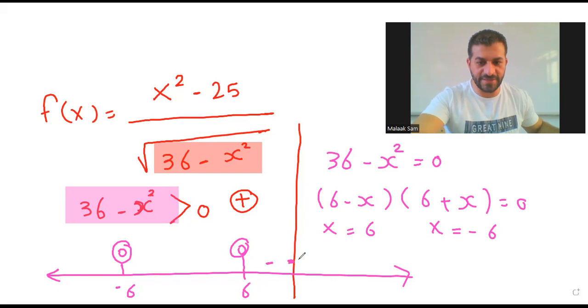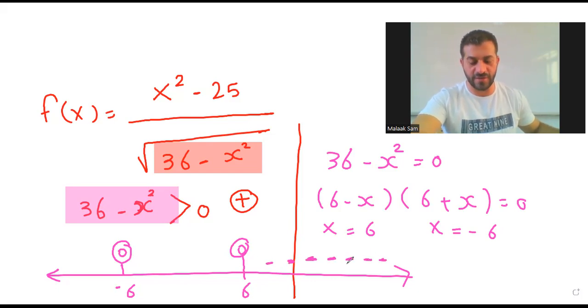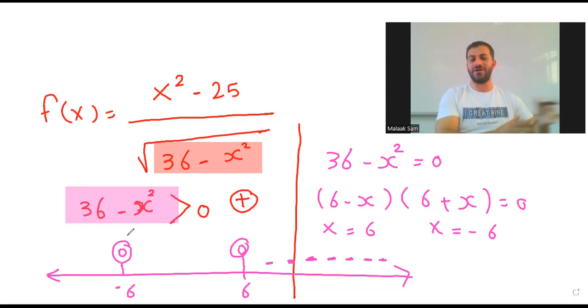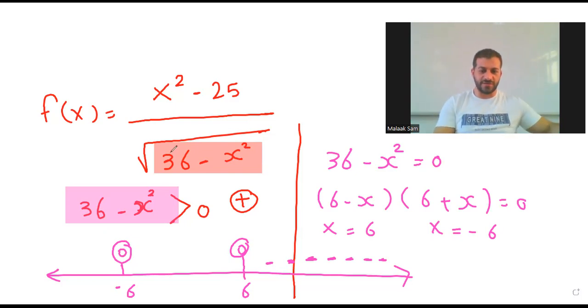So it will be negative. Any value you take more than 6 makes 36 minus x squared negative. And if you take a value less than negative 6, like negative 100, so put x equals negative 100. It will be 36 minus negative 100 squared. It will be negative. And in the middle, positive.